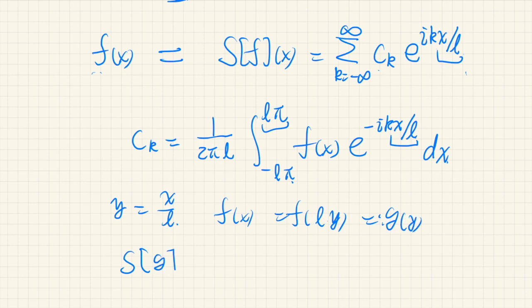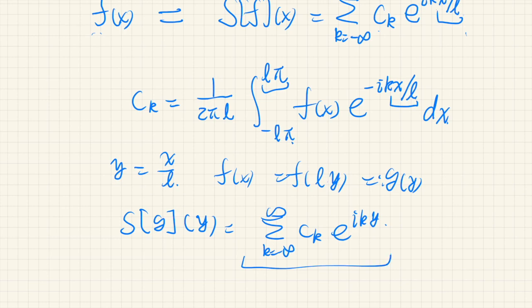Okay, so the Fourier series of g is this, with c_k and e to the iky. So this is the Fourier series we have been studying all along for functions with period 2 pi.